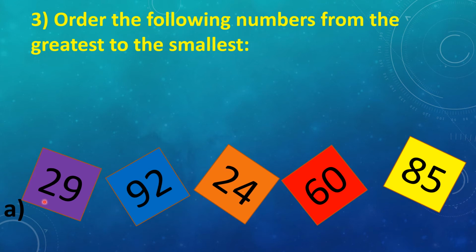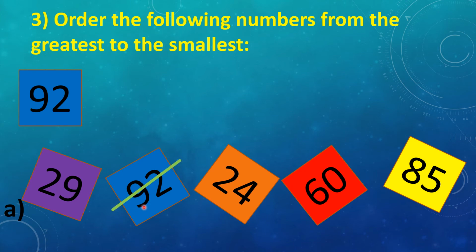We have 2, 9, 2, 6, and 8. Which is the greatest number? The greatest number is 9. So 92 is the greatest number.